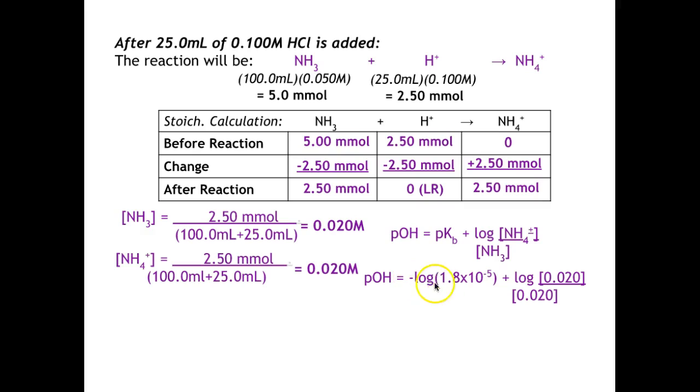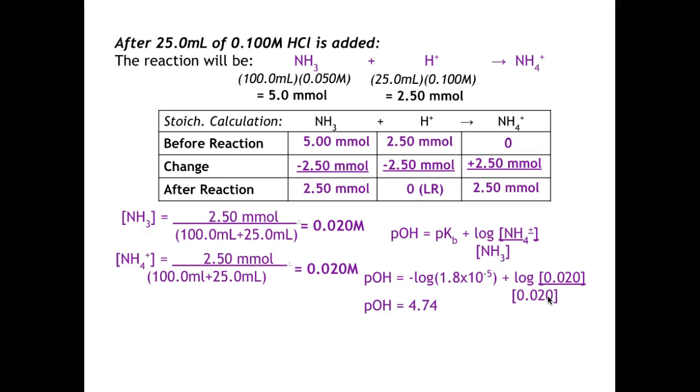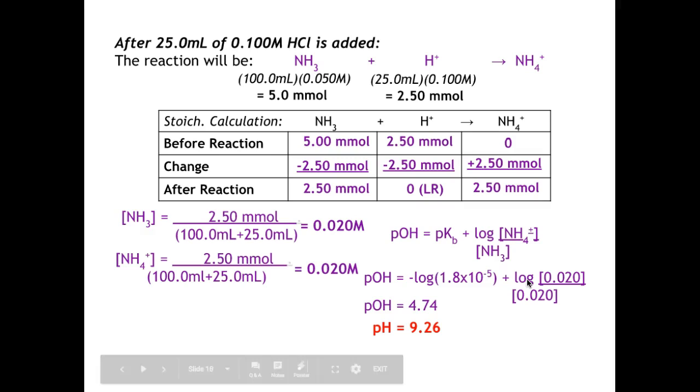So we're going to have negative log of our Kb value, which was 1.8 times 10 to the negative fifth, and then we're going to add the log of our concentration of conjugate acid over the concentration of our weak base, and we get a pOH of 4.74. To get to pH, we have to subtract this value from 14, which is going to give us 9.26.